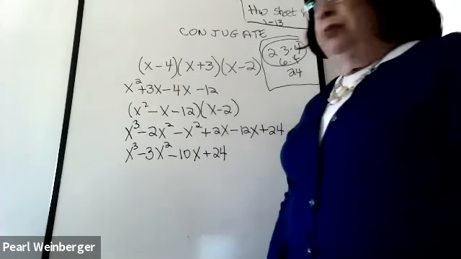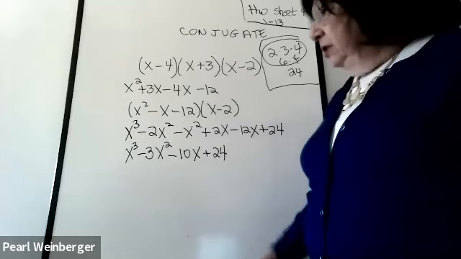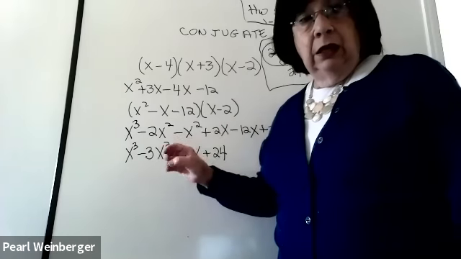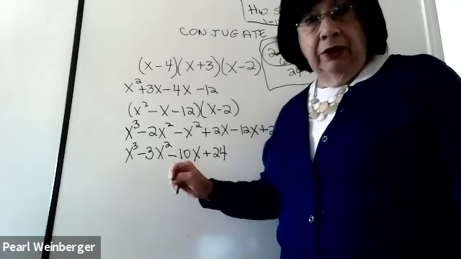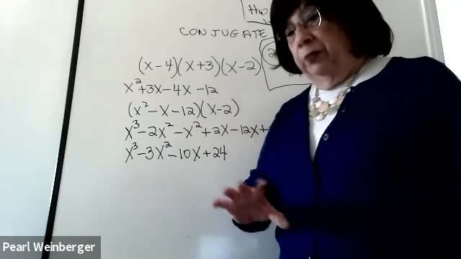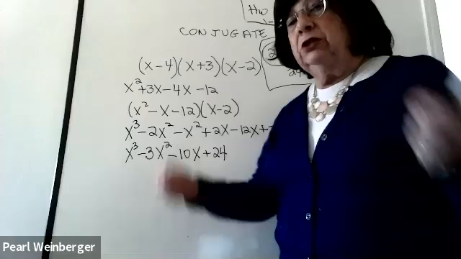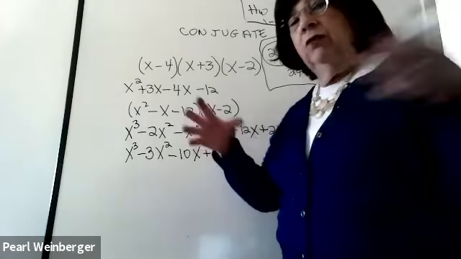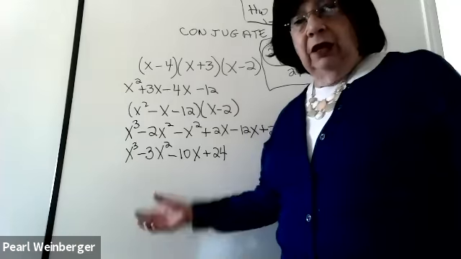So I think we're pretty well established in terms of multiplying polynomials. Just remember, you basically keep using the distributive property, multiplying everything in one parentheses with everything in the other.